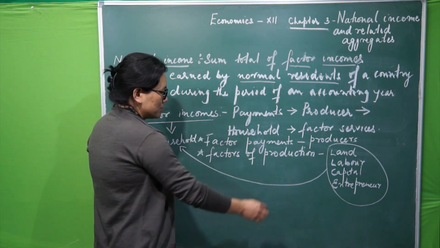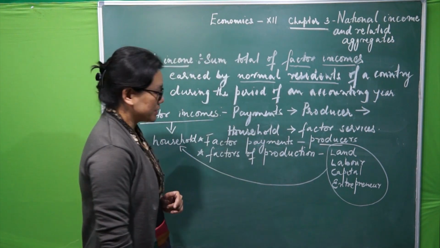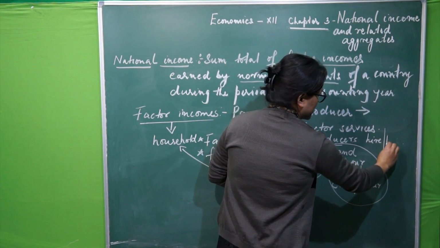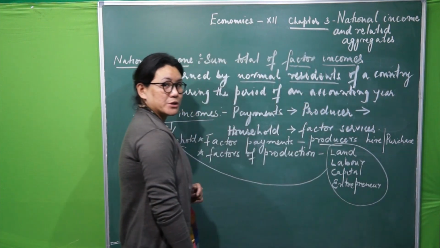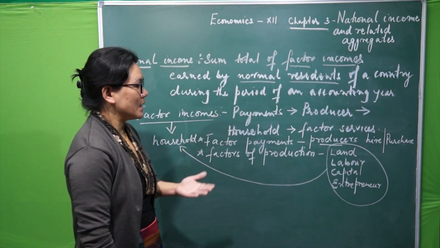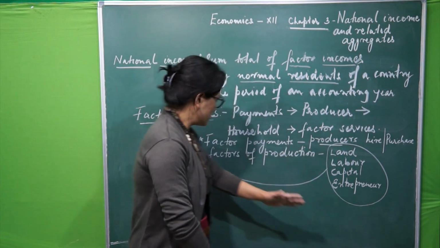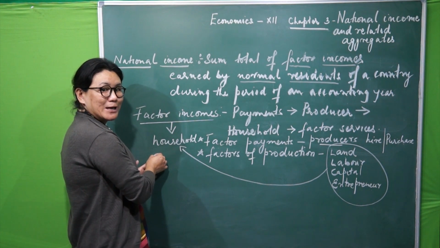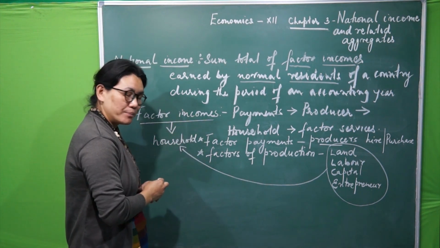Now, what does the producer do? The producer hires or purchases. Most often they will hire these 4 factors of production from households to be used in the process of production. Now, what is the household doing here?